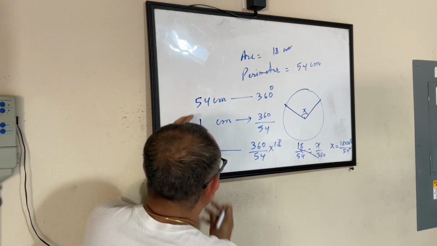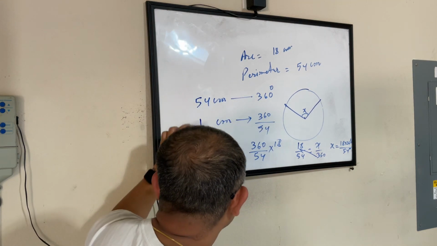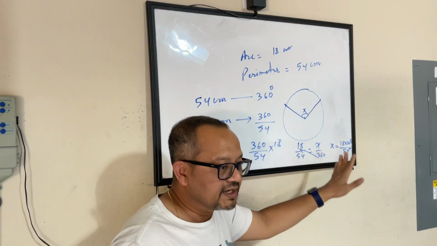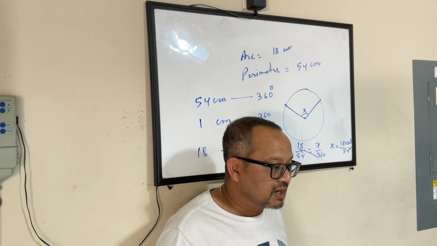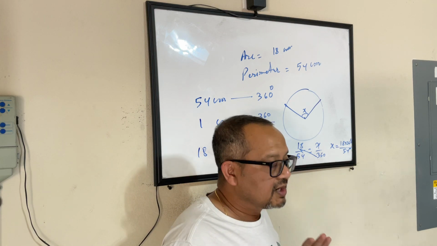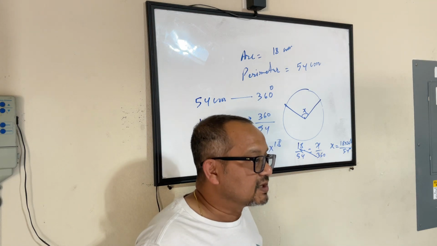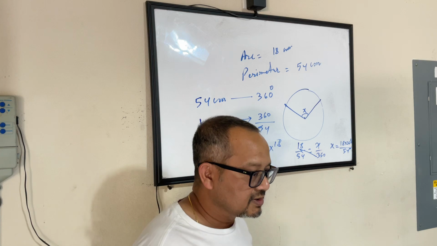So that way, I say, okay, 54 centimeter makes this much, 1 centimeter will make this much, so 18 centimeter will make this much. So both the options are there. You guys can think about doing it in the way you are comfortable, but ultimately there is no complex logic in this one. It's just about how do you structure your thoughts, how do you visualize it, and then you do it.